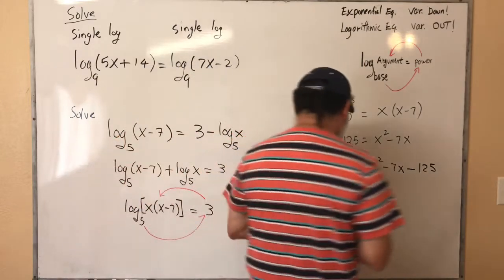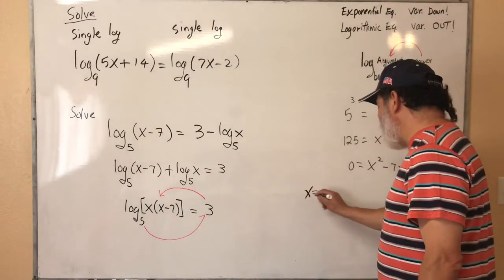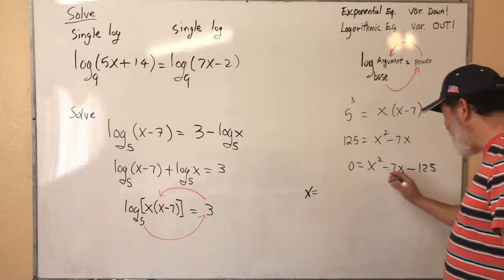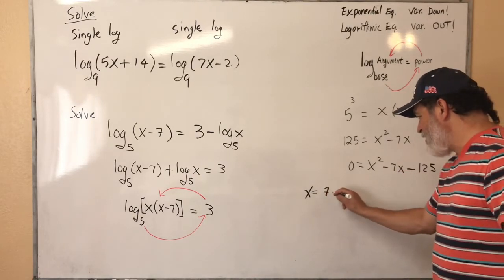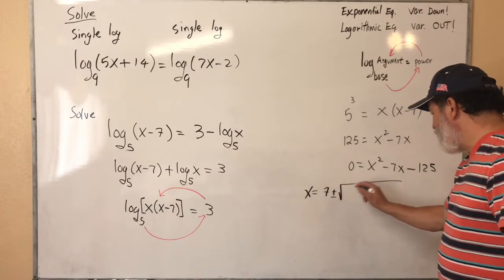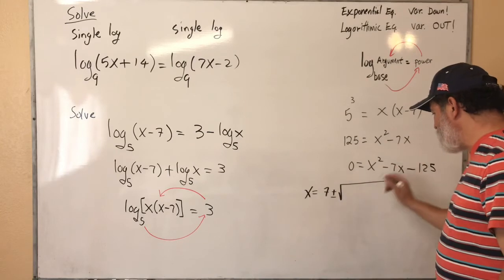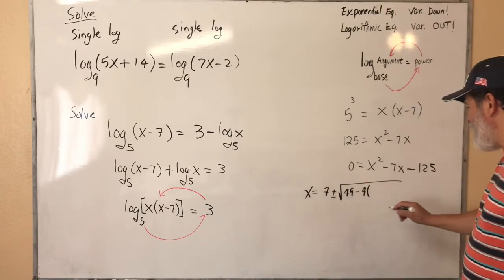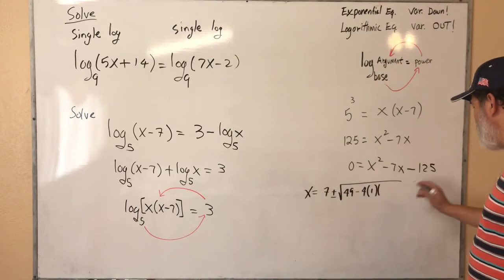Okay? So x equals negative b, negative 7, which is 7, plus minus the square root of b squared. What's negative 7 squared? 49. Minus 4 times a. What is a? 1. Times c. What is c?